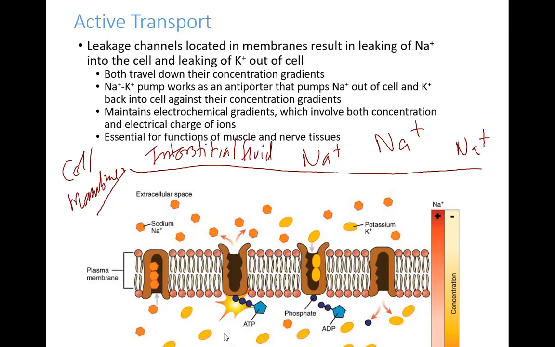It's mostly sodium on the outside of the cell. Now, the number 1 ion inside the cell is potassium. We have potassium ions on the inside. There's more sodium outside than there is inside. So what's sodium going to do? Sodium's going to be leaking into the cell. Sodium always leaks in. That's what it does.